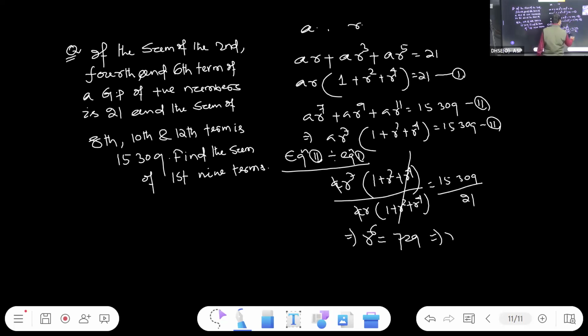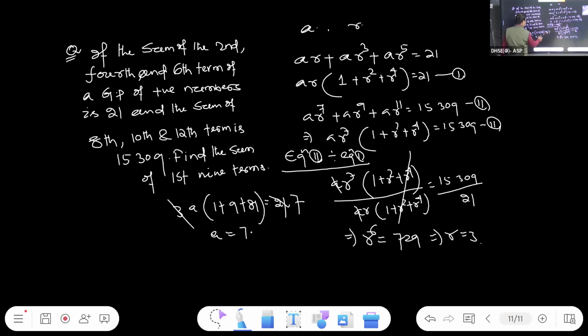So this implies r is equal to 3. Now substitute the value of r in equation 1, you will get the value of a. If you substitute r is equal to 3 in equation 1, 3 into a times 1 plus 9 plus 81 is equal to 21. So this is 7. a is equal to 7 upon 91. r is equal to 3 and a is equal to 7 upon 91.